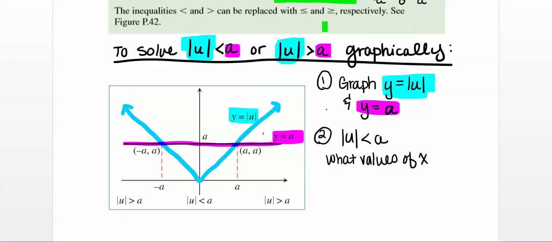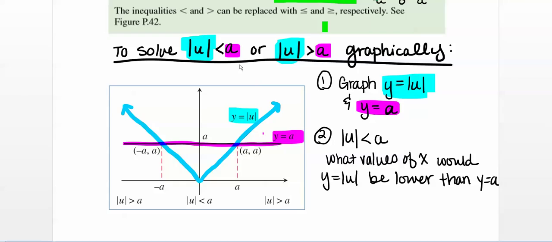This would have an x in there somewhere because that's what we're solving for, x. Would y equals the absolute value of u be lower or less than y equals a? Okay, so we're looking at when is this one below this one.